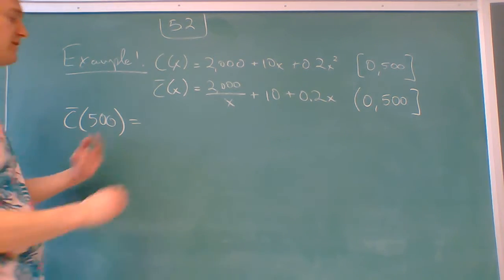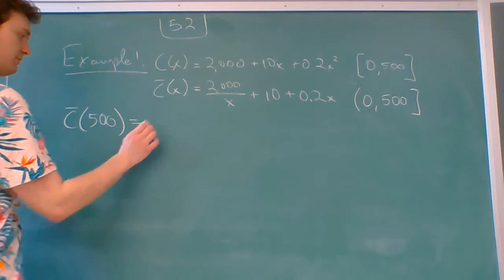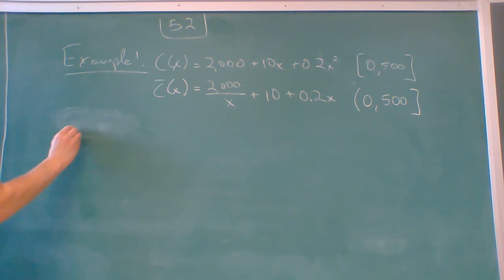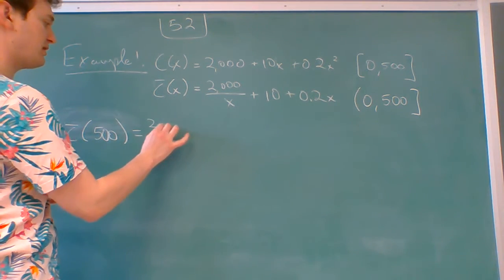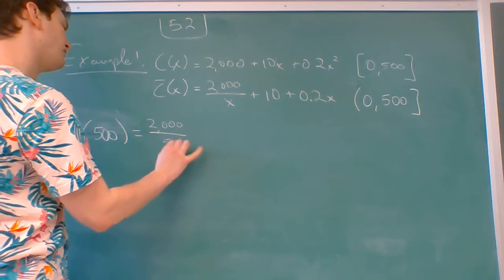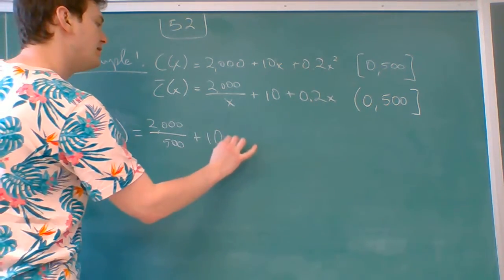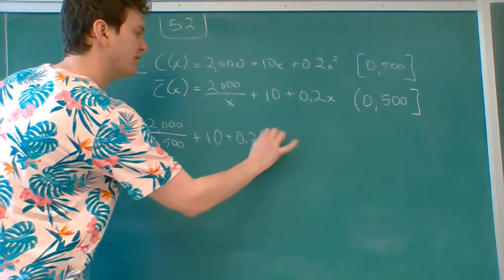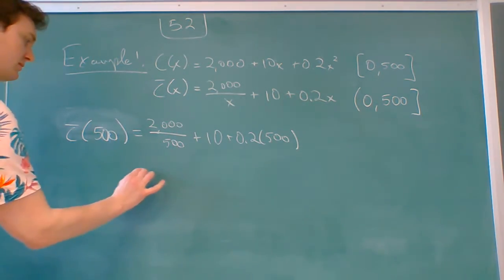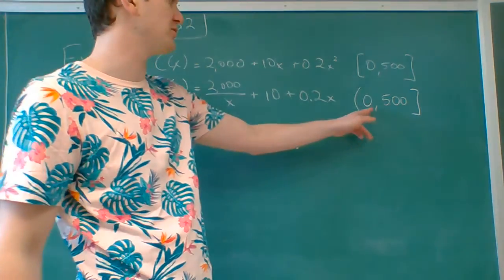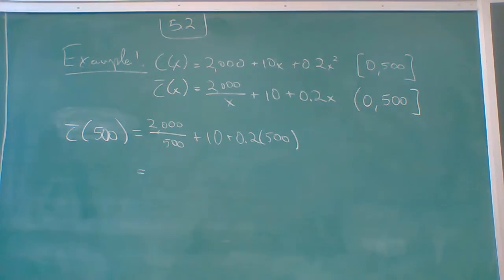So C bar at 500 is going to be 2000 over 500 plus 10 plus 0.2 times 500. So I'm checking the outer endpoint there, not having to check this one because our function isn't even defined there.